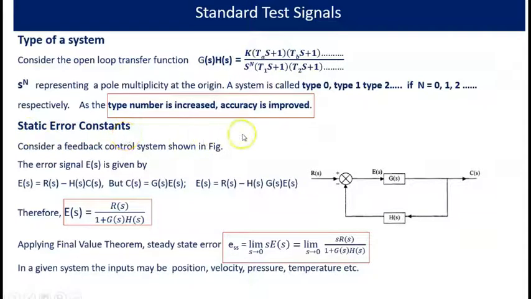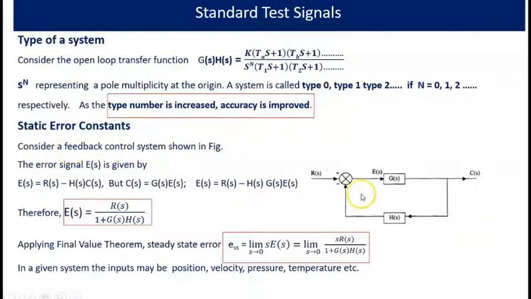There are three types of error constants: static position error constant, static velocity error constant, and static acceleration error constant. For static position error constant, the input is step input. For static velocity, the input will be ramp, and for static acceleration error constant, the input is parabolic.